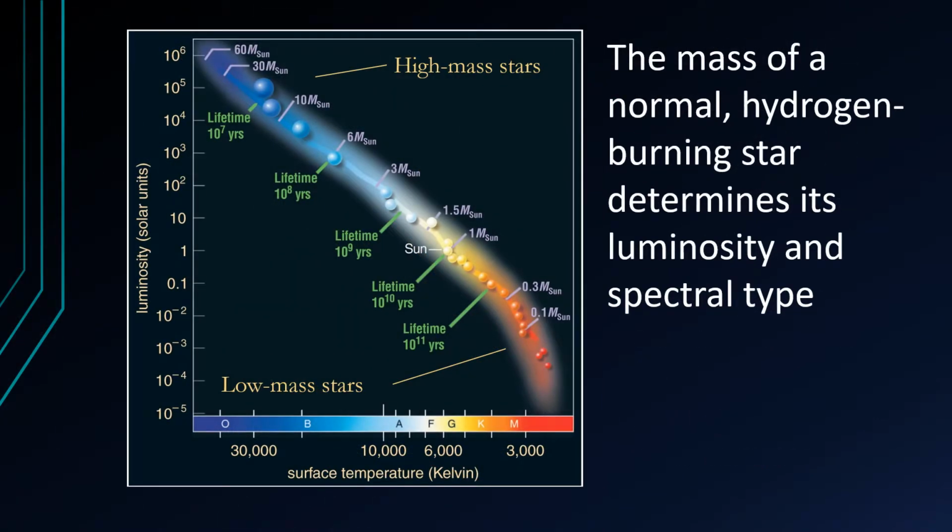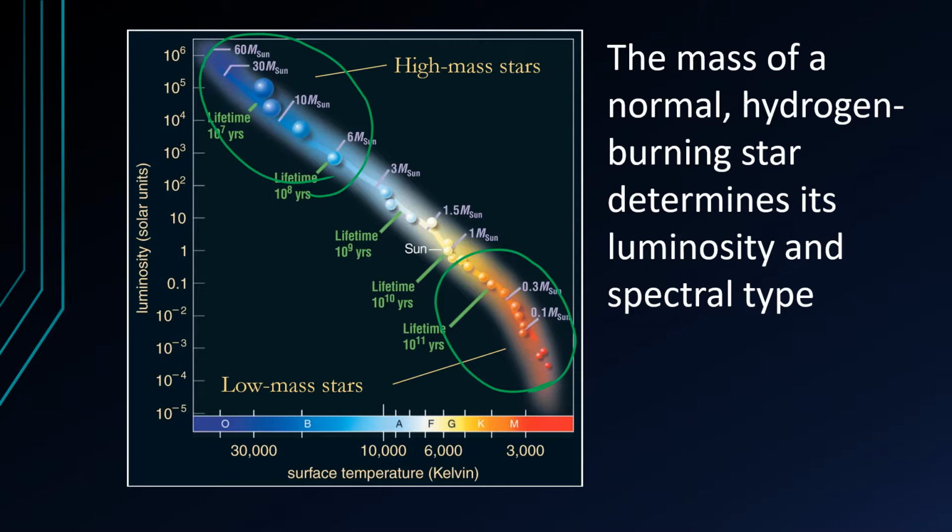So we have our low mass stars down here at the bottom and our high mass stars up here at the top. And so the mass of normal hydrogen burning stars also determines its luminosity and spectral type. And we'll get to the spectral type in just a moment. So luminosity right here in solar units, how bright it is, once again.